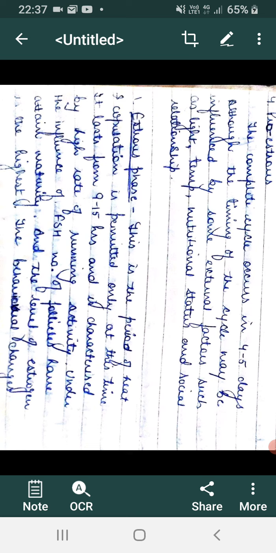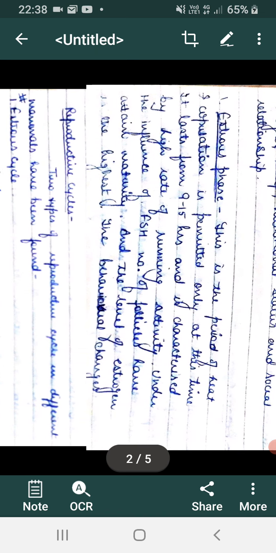In estrus phase, mainly copulation is permitted. It lasts from 9 to 15 hours, and in this the female is very active and restless. And under the influence of FSH, a number of follicles attain maturity, and at this level the estrogen level is also very high.